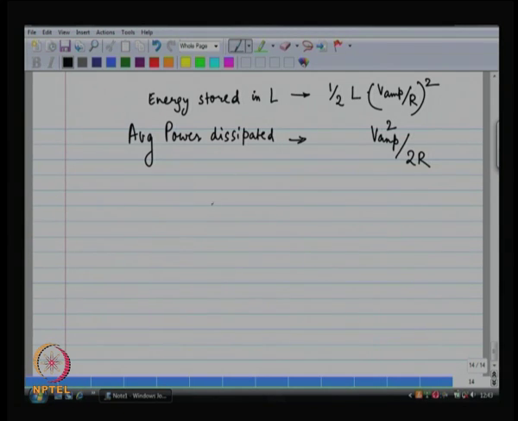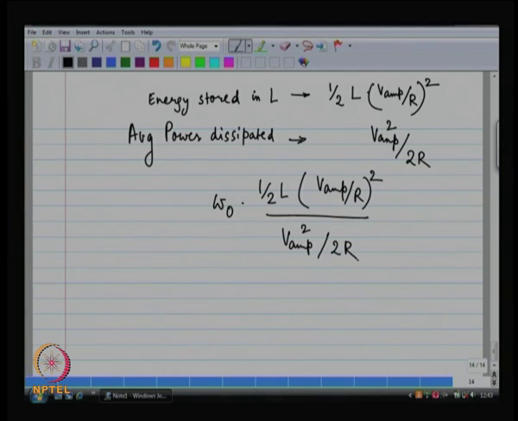So, Q is omega 0 times half L times V amp by R the whole squared, divided by V amp squared by 2R. So, 2 and 2 cancel out, V amplitude squared cancels out, and what you end up with is going to be omega 0 times L by R.